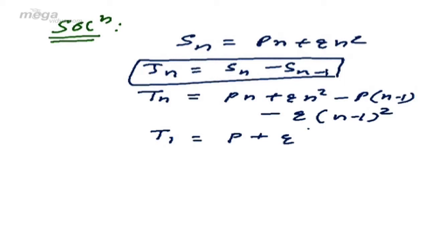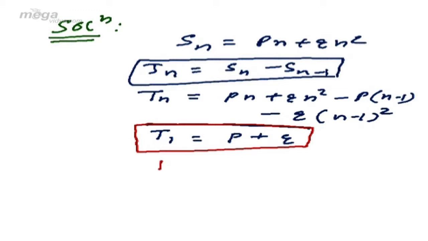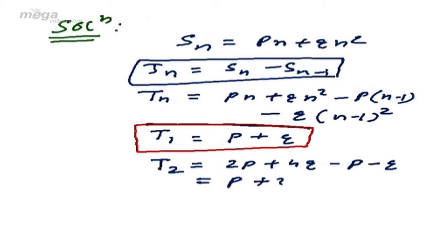Therefore, the first term is P plus Q. Suppose you want to find the second term T2, it means n is equal to 2, then we get 2P plus 4Q minus P minus Q, because 2 minus 1 is 1 and 2 minus 1 square is 1. It means 2P minus P becomes P and 4Q minus Q becomes 3Q. This is the second term of the AP.